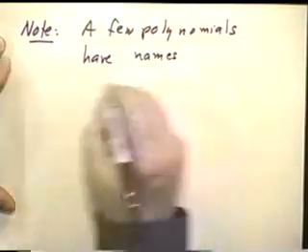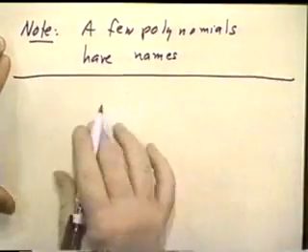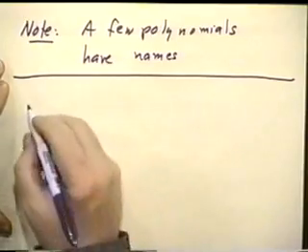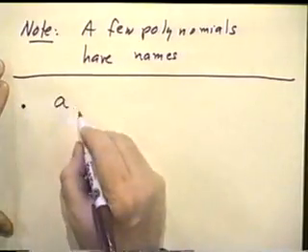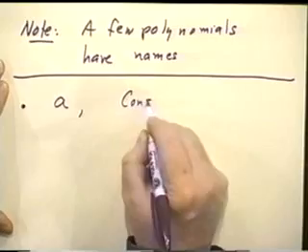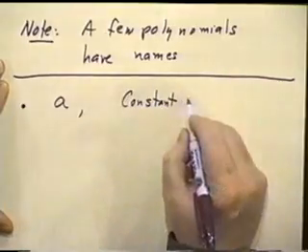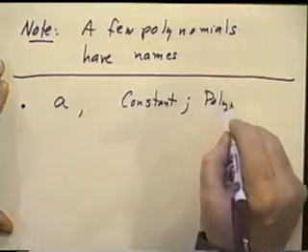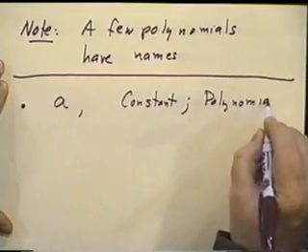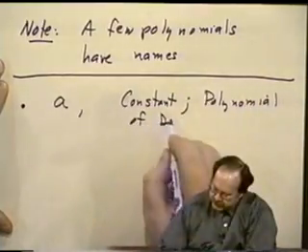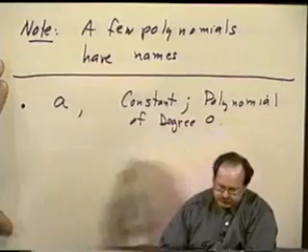Now, why is that? Well, because of history, or because they're ones that turn up frequently. For example, a constant polynomial. What is that? Another way of saying that is, it is a polynomial of degree 0.